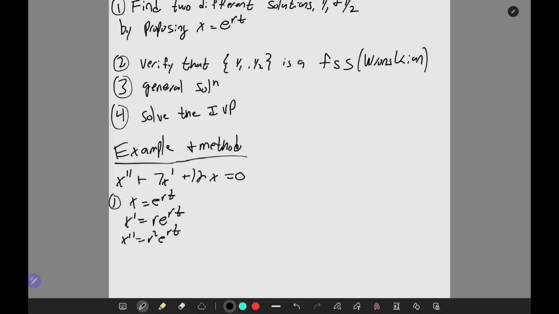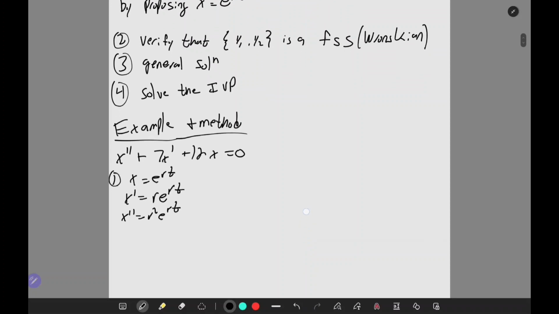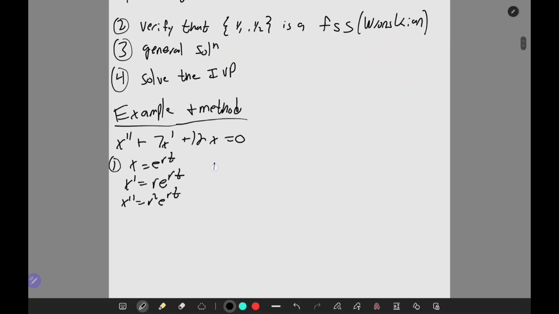Now if we plug those back into our equation, that's r squared e to the rt plus 7 times r e to the rt plus 12 e to the rt. These cancel. And don't forget, equals 0. So we have r squared plus 7r plus 12.